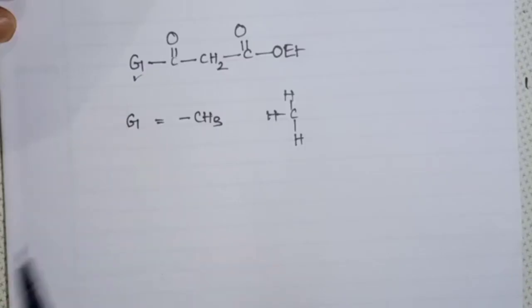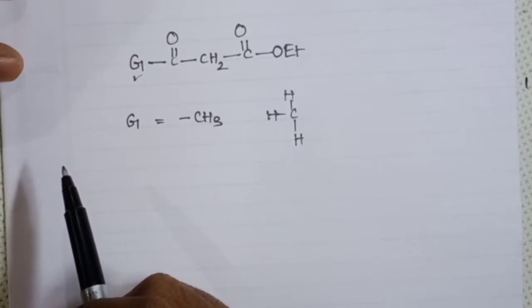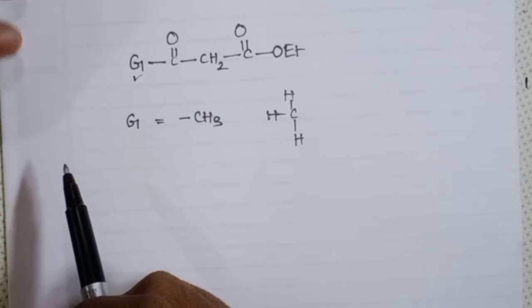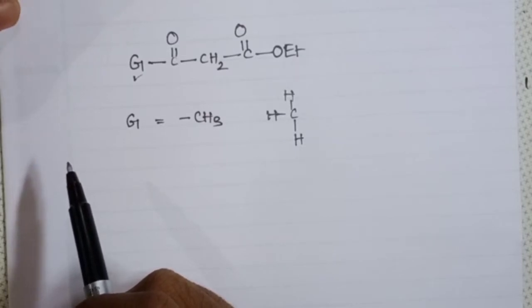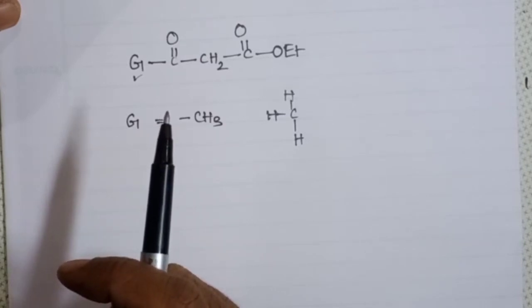Now let's discuss the compounds having an active methylene group. Here we will discuss two compounds. These are acetoacetic ester and malonic ester.